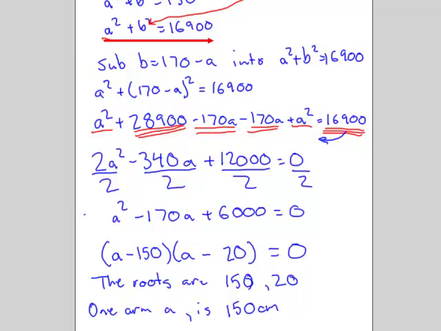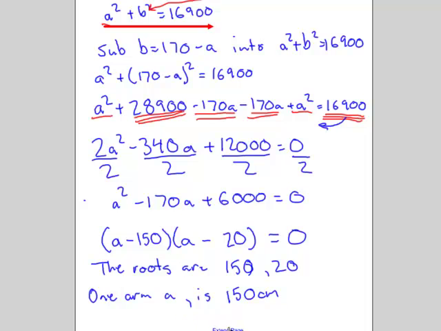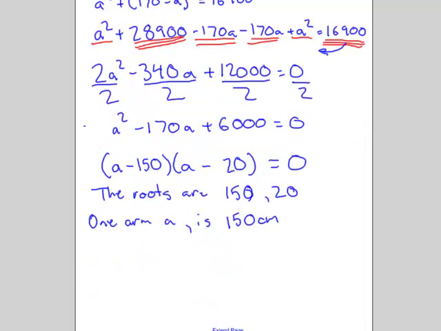Why did I rule out 20? Well, you're going to see shortly that, remember, A plus B plus C equaled 300. Now if we substitute our value of A in, we'll have 150 plus B plus, remember C was 130, is equal to 300.